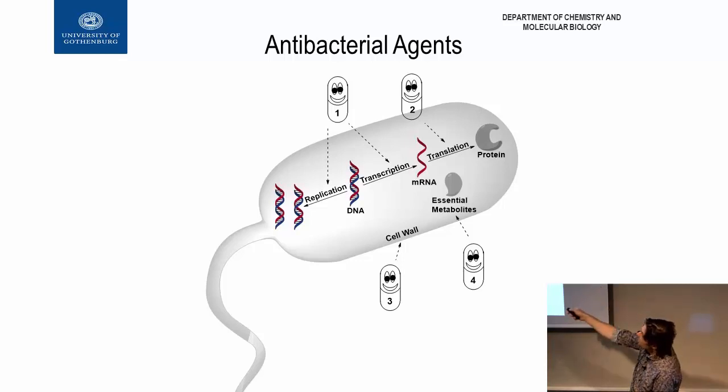And then we can say that one class of antibiotics interferes with either replication or transcription. So for this presentation, we're going to call that class 1. The second class does something with the translation to the protein. The third one does something with the cell wall of the bacterium. And the fourth one does something with metabolites. It just means things that are produced in a cell or a bacterium that the bacterium needs to live. So the simple picture again, 4 different classes.